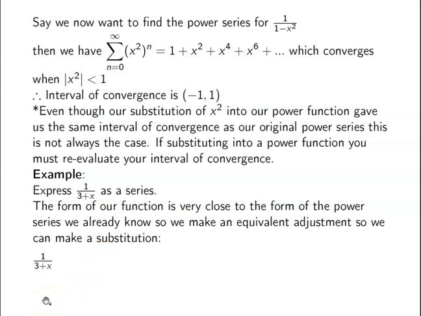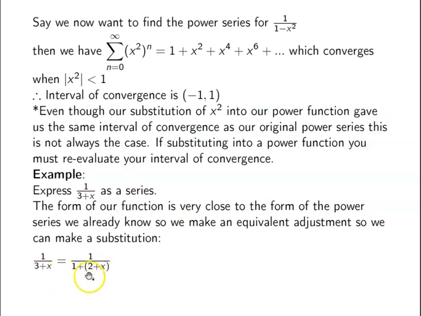There's actually a couple things that we can do. So the first is let's separate this 3 into 1 plus something, right? Now this looks a little bit more like what I need, except that this plus is kind of messing me up because I need a 1 minus x, right? So if I can have this as 1 over 1 minus something here that I can use to substitute in, that's kind of what I'm looking for.